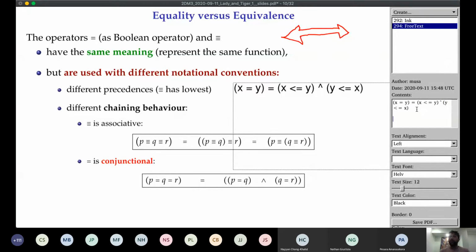How many people think of equality this way? Does anybody think of equality this way? No one thinks of equality this way in real life.